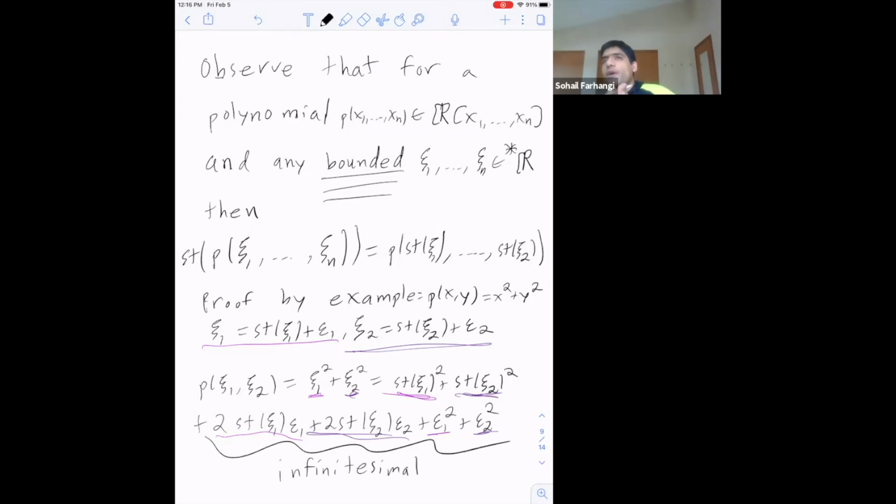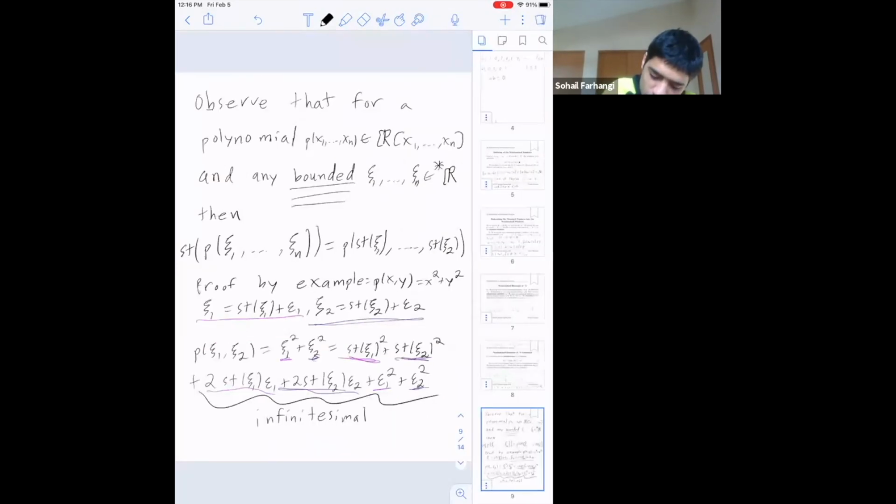If you have a function f that's continuous at a real number, or I guess, why don't I just write what you just said?